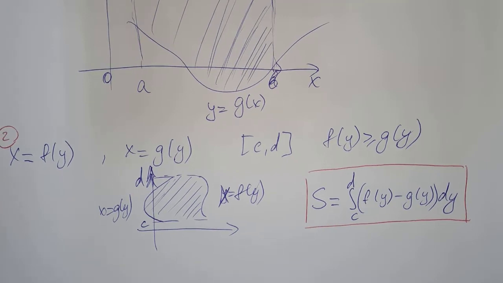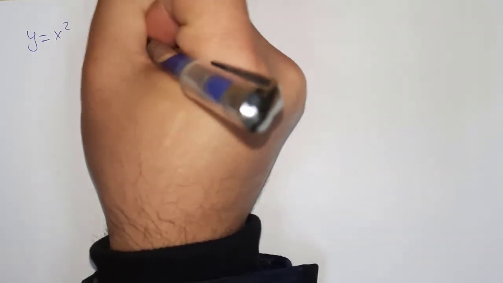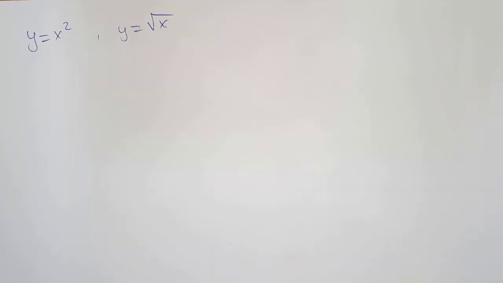And let's consider an example. Example number 1. Determine the area of the region enclosed by the curves y = x squared and y = square root of x.